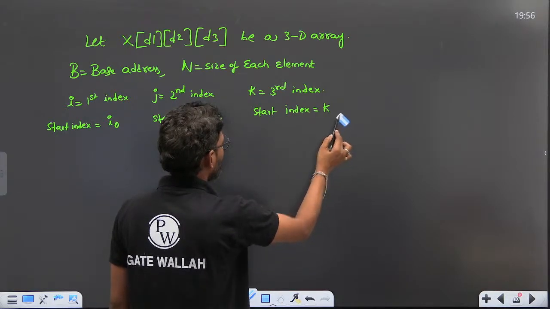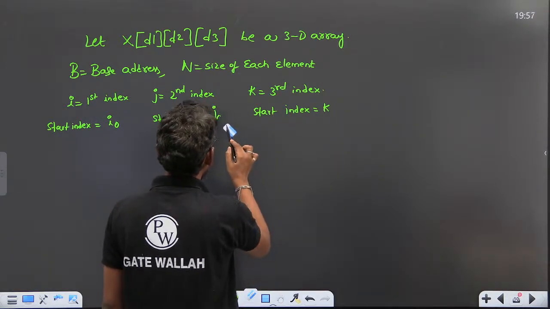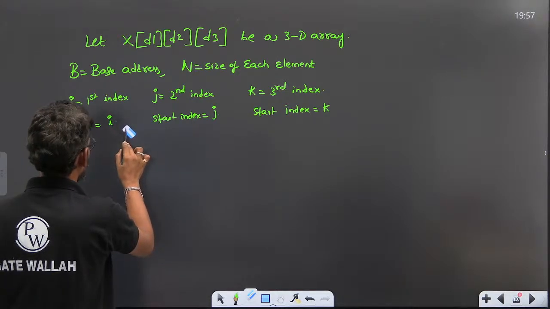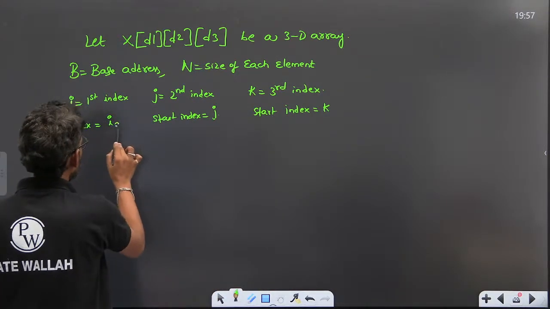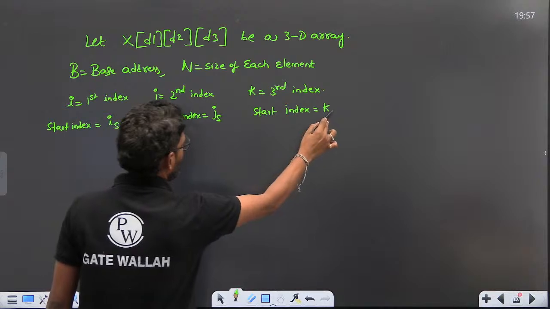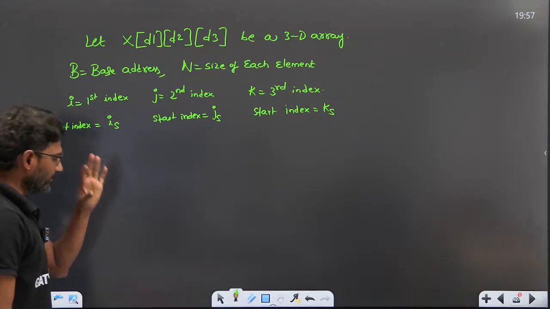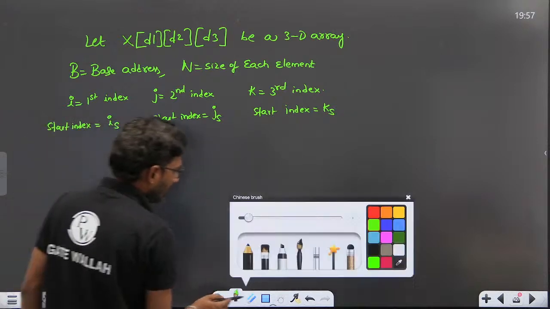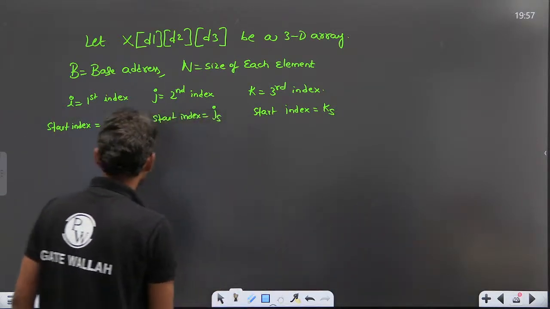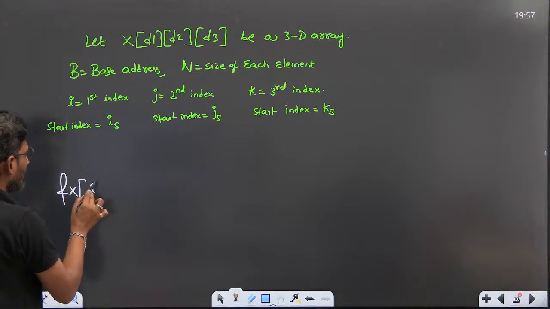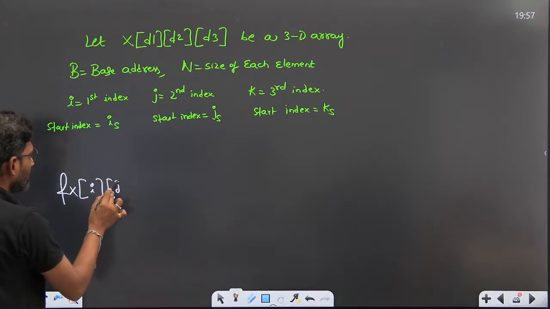Or else let me take is, js, ks as the starting indices. Now, how do I find the address of x of i, j, k?